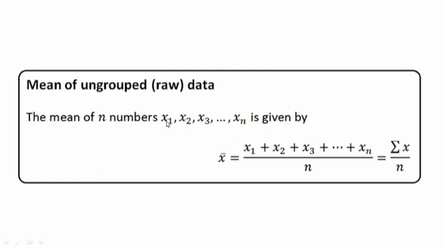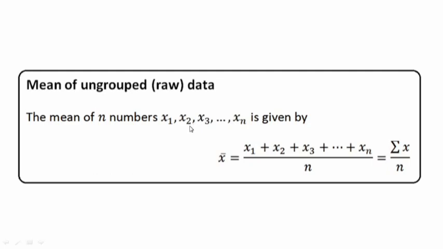If we have n numbers x1, x2, x3 till xn, these are called ungrouped data, or you can call it raw data or individual data also. Because we have individual observations given to us and we want to find their mean, their mean is nothing but their average.